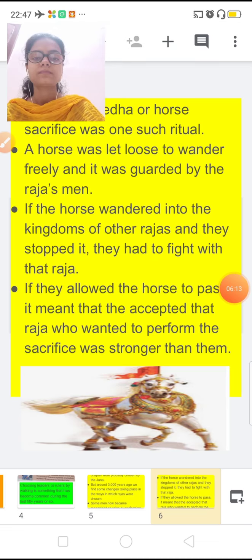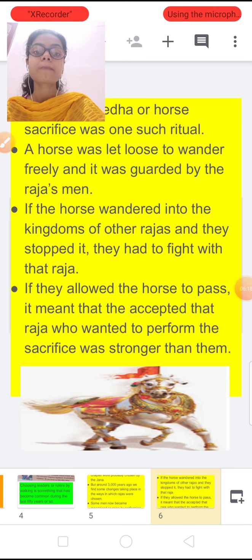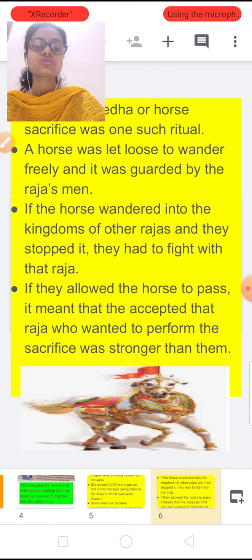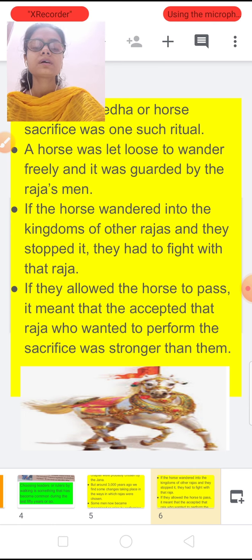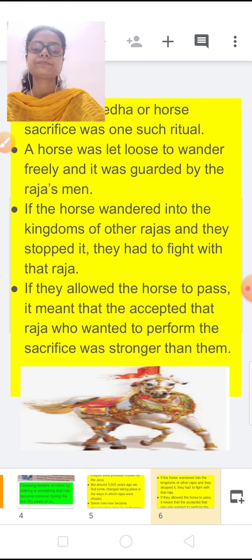So it's all about power, all about who is stronger than whom. If the rajas of the other territories thought they were more powerful, they would catch the horse, and if they thought they were not powerful, they allowed the horse to pass.